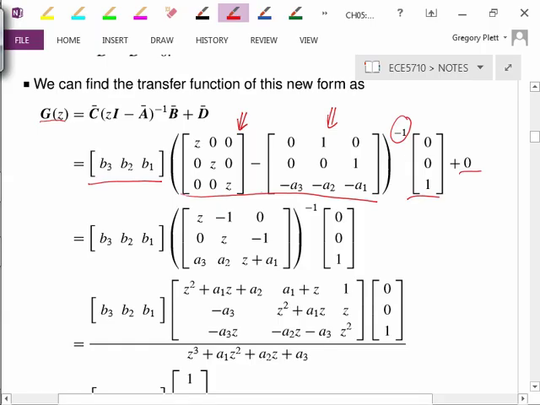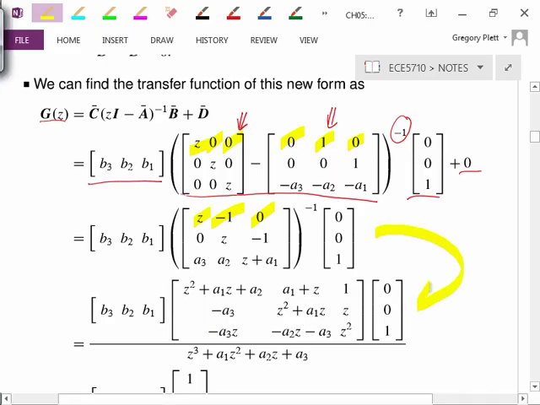Before I invert everything in the round parentheses in the middle, I combine together and get Z minus 0 is Z, 0 minus 1 is negative 1, 0 minus 0 is 0, and etc. for everything else in the matrix.